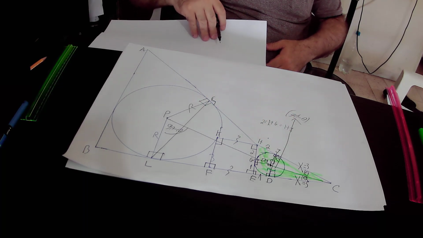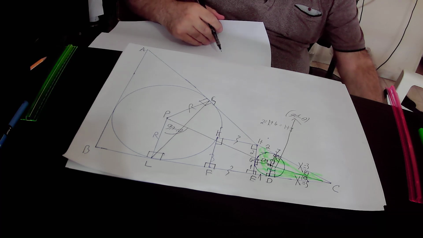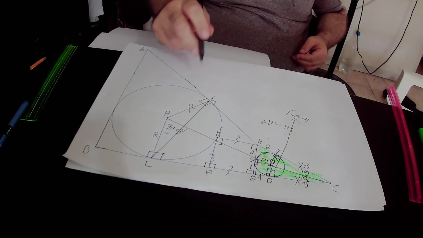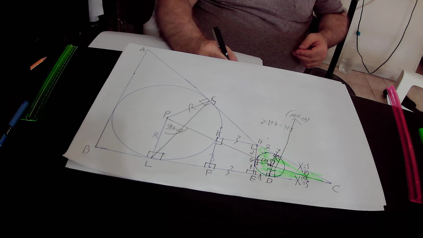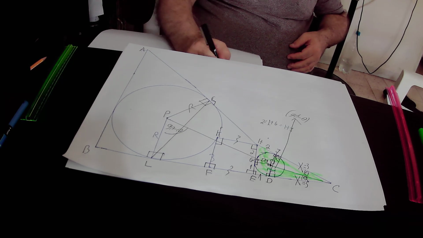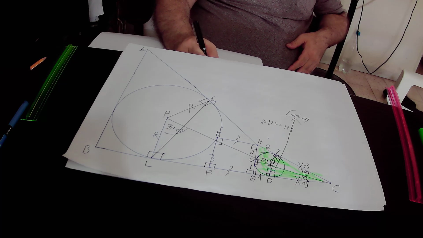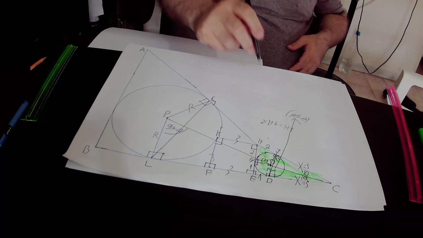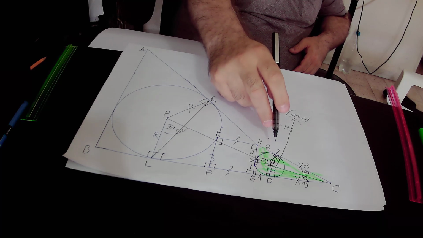Here I write it down. We'll prove that the big right triangle, triangle PLC, is similar to the small green right triangle, triangle ODC.